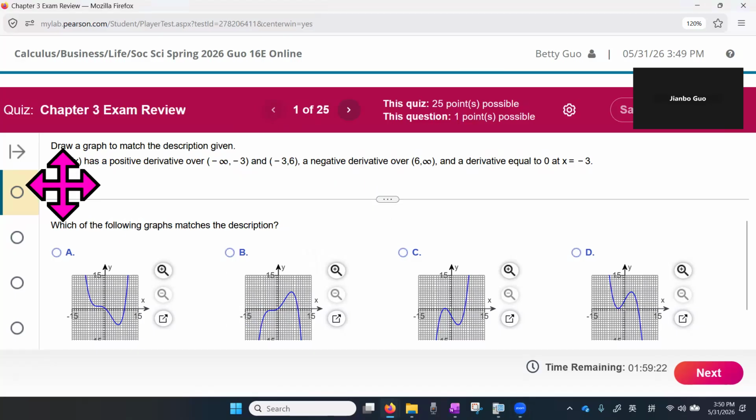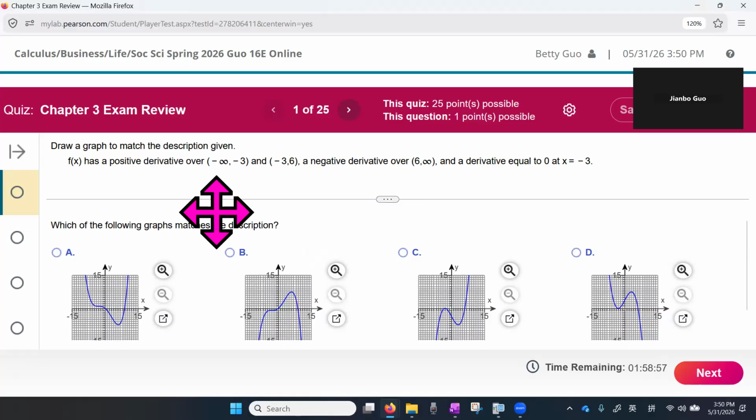Question number 1. Draw a graph to match the description given. f of x has a positive derivative over negative infinity to negative 3 and negative 3 to 6, a negative derivative over 6 to infinity, and a derivative equal to 0 at x equals negative 3.